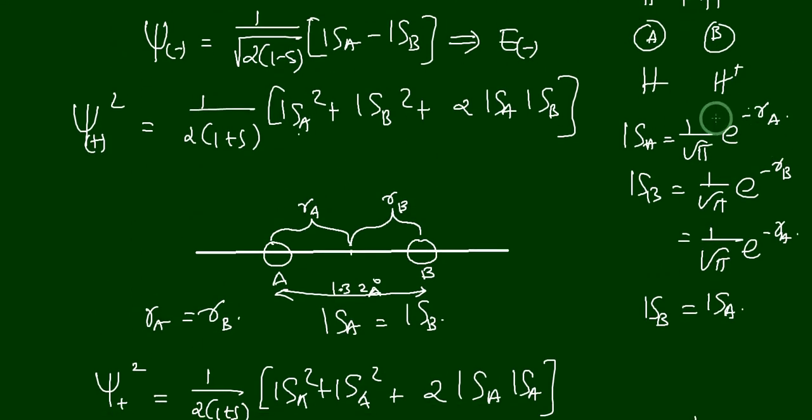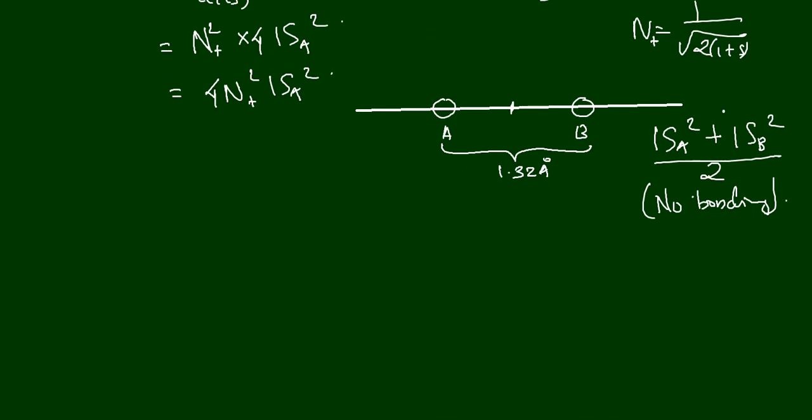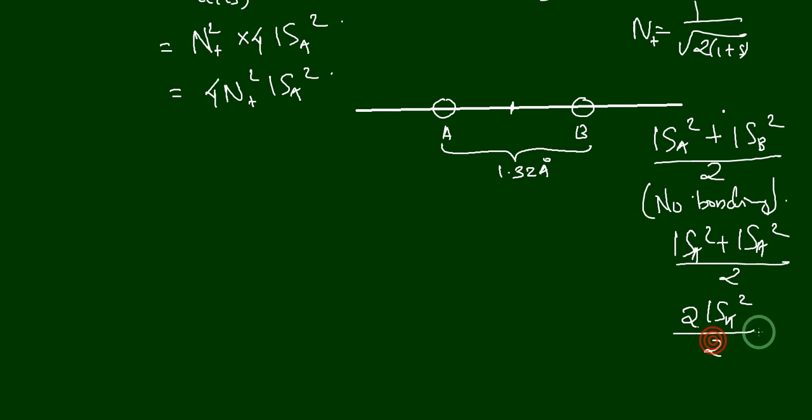These are the expressions for 1s A and 1s B, and at the midpoint both r_A and r_B will have the same value, therefore 1s A will be equal to 1s B. Therefore we can write it like 1s A square plus 1s A square divided by 2, or 2 times 1s A square divided by 2, that is equal to 1s A square.